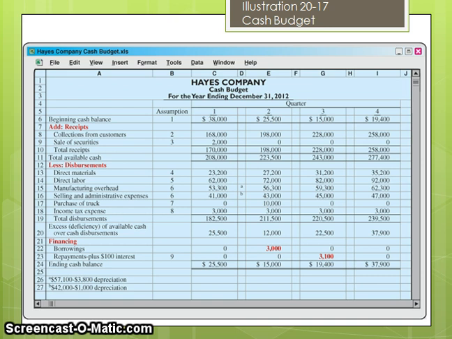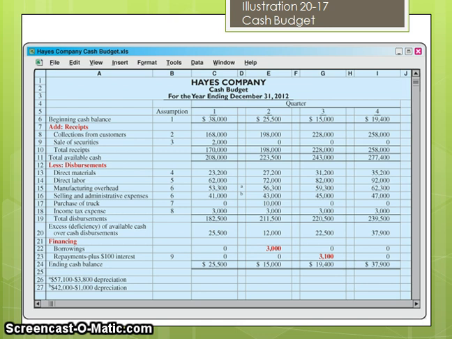Cash disbursements are showing where you're paying out cash. A lot of these will be your main operating expenses, your production expenses, direct materials, direct labor, and overhead. You'll have all the selling and administrative expenses, but also if you have any dividends that you paid, or you had taxes you paid, or you purchased some investments, you purchased some fixed assets.